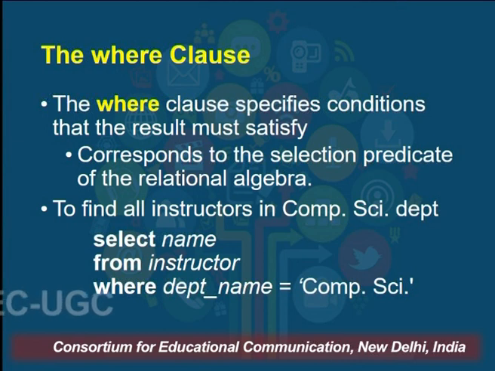Or we can say select name comma salary if we want to have a look at salary also, or even other attributes you can specify. So, all these instructors whose department is computer science will be displayed in the result, but only the names, because that is the projection we have specified.